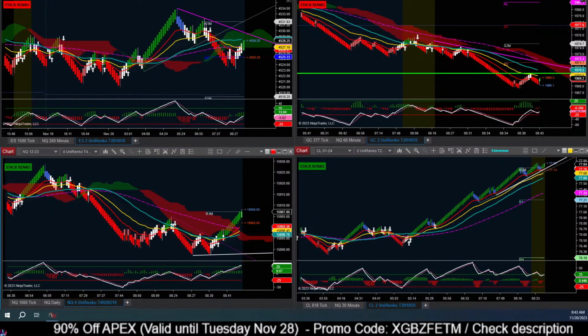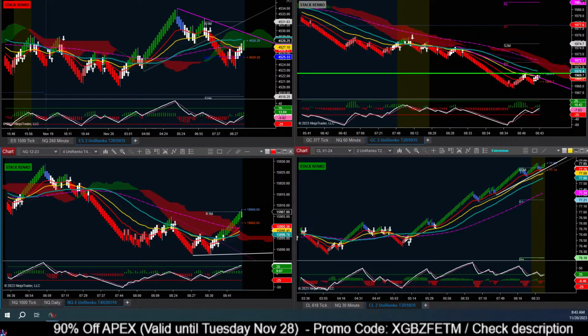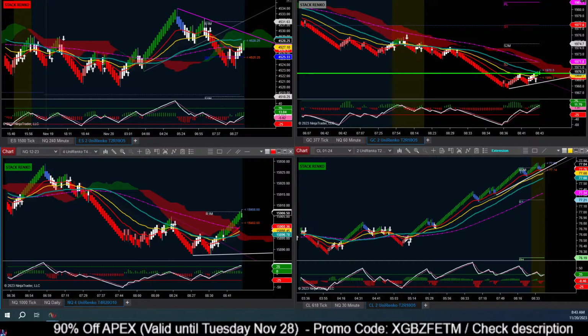It's in a range. Coming back up, now giving us a trend reversal breakout that is triggering now.